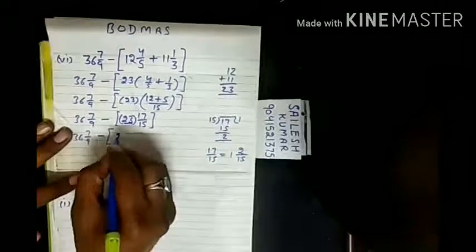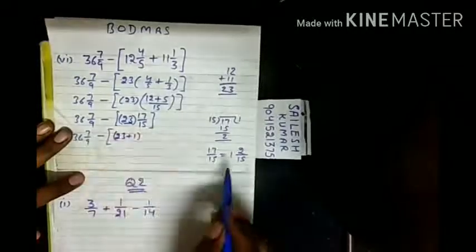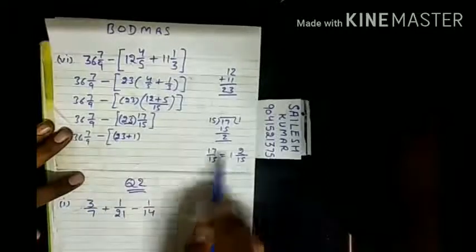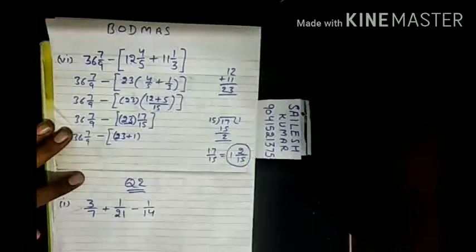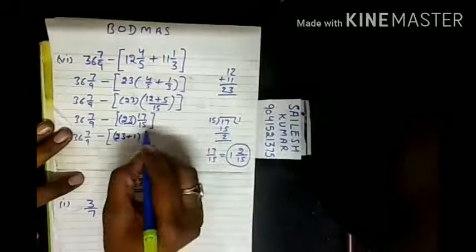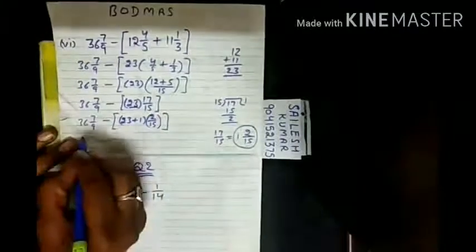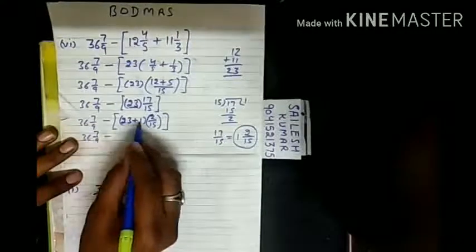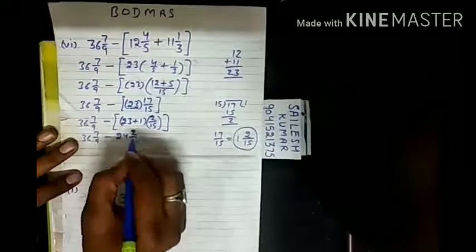Therefore I will write it like this, and in place of 17 by 15 I will take the help of its mixed form, 1 and 2 by 15. Now the fraction is 2 by 15. Clear? Now 36 and 7 by 9 minus 23 plus 1, 24 and 2 by 15.